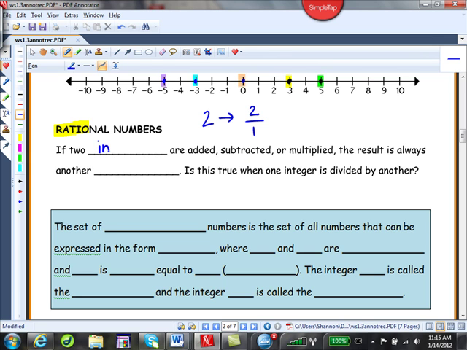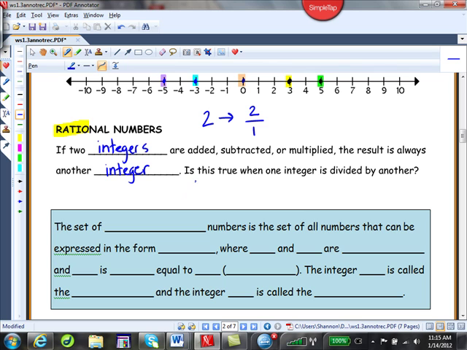If two integers are added, subtracted, or multiplied, the result is always another, you got it, another integer. But let's think about this. Is this true when one integer is divided by another? Well, it worked for that one above, but what about, let's see, is 1 an integer?